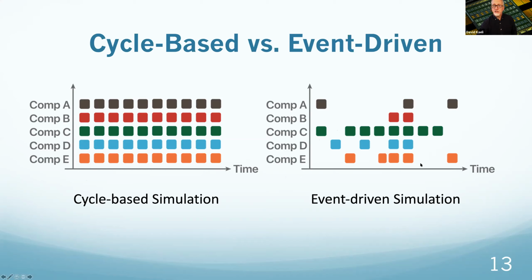There may be cycles where there are basically no changes, and so we can skip to the next cycle. We're still cycle-based in the sense that on each cycle, we'll look at what events occur and what components were affected. We have a lot less work to do here than we do here, and that should be obvious.